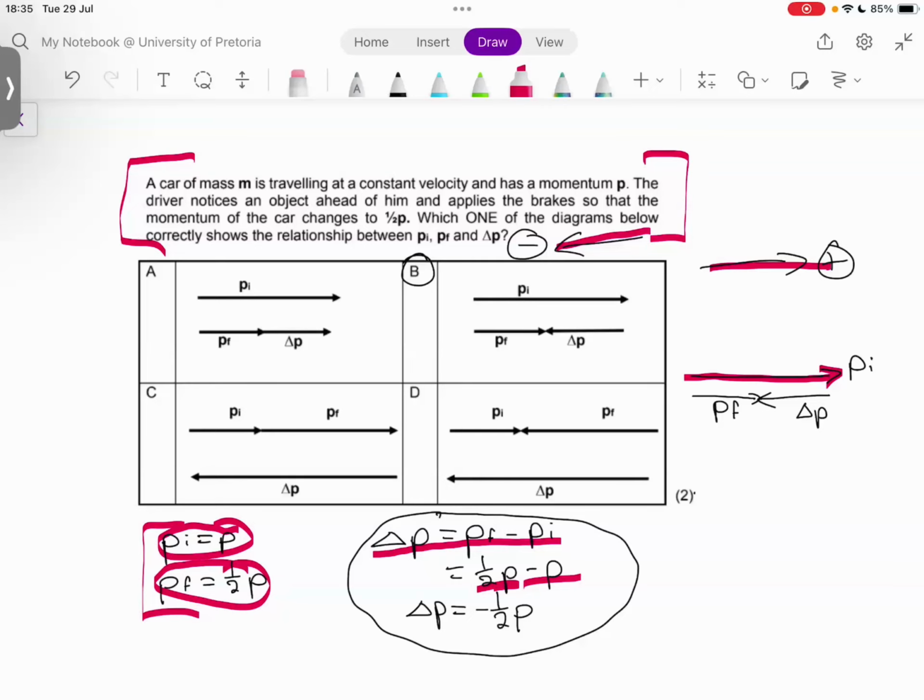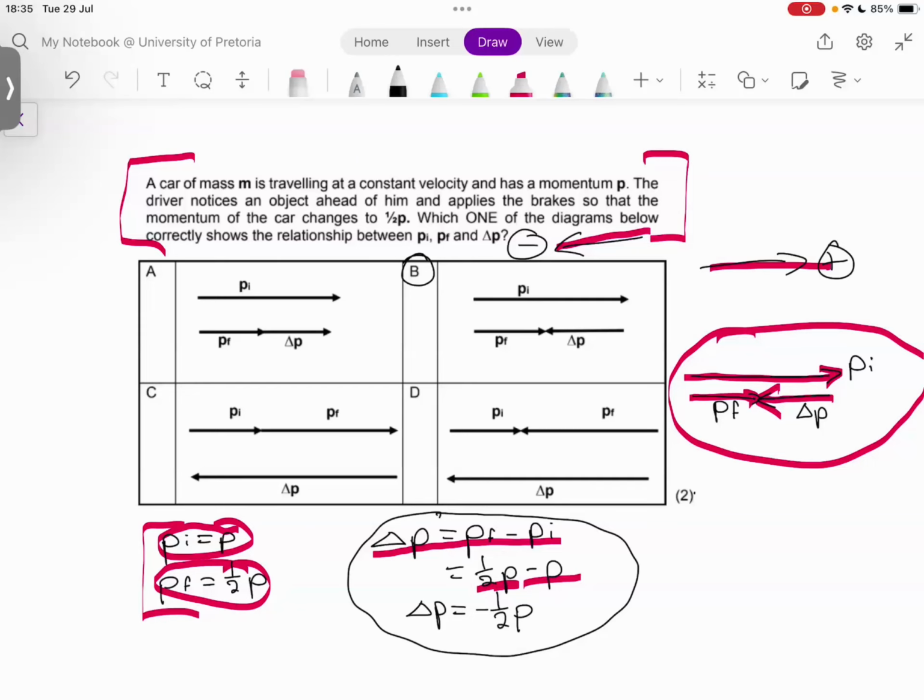From then on, I came back here and filled in my stuff. I put my P final, which is half of P, in the same direction. And I put in my change in momentum, which is also half of P, but in the other direction. And that's how I ended up with option B. I hope this explanation is clear. If not, I'll gladly redo it if the bulk of you aren't on the same page.